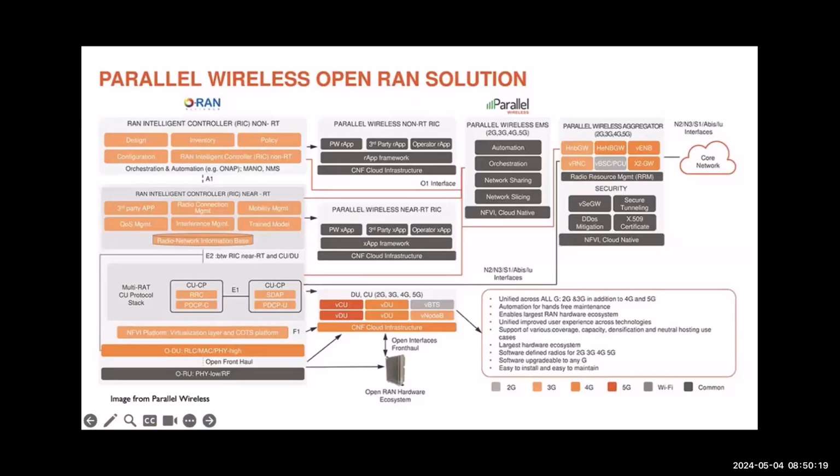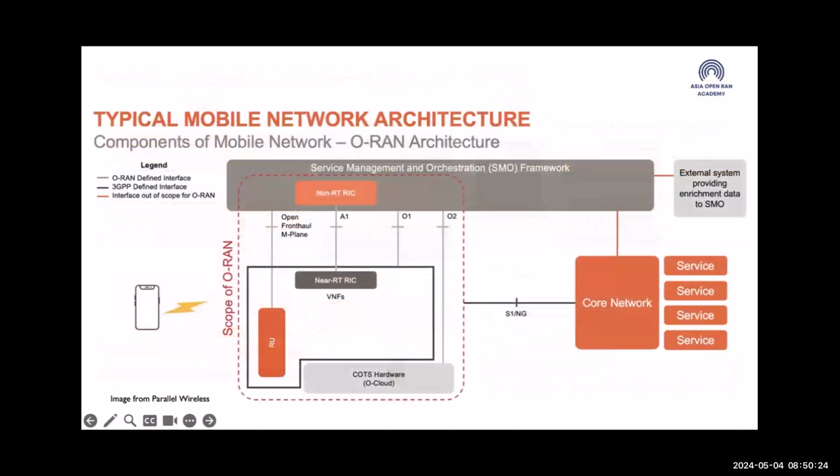Another one coming from Parallel Wireless shows the typical mobile network architecture, or components of a mobile network, of O-RAN architecture. In this illustration, you will see that there are still 3GPP defined interfaces. They maintain those 3GPP interfaces and also O-RAN defined interfaces.